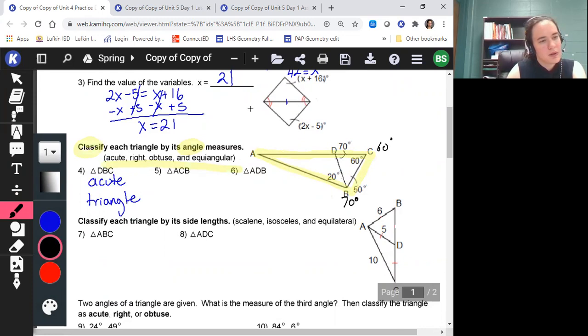And we need to find angle A. So 70 plus 60 is 130, and then we subtract that from 180. And that gives us 50 degrees for the measure of angle A. So we've got 50 degrees, 70 degrees, and 60 degrees, which again means this is an acute triangle because all of the angles are acute.